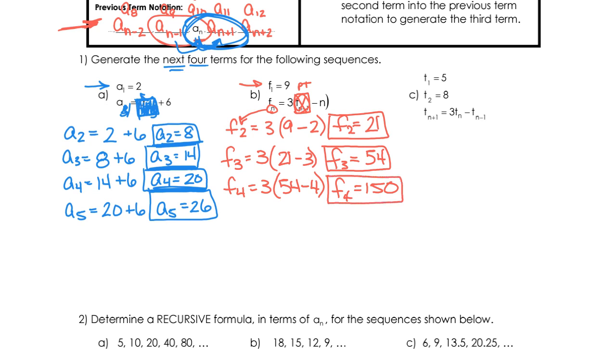And now we're finding our fifth term. So 3 stays, parenthesis. Previous term notation would make our previous term 150 minus n, which is our subscript, which is 5. Okay, so we get 145 times 3, and our fifth term is 435.